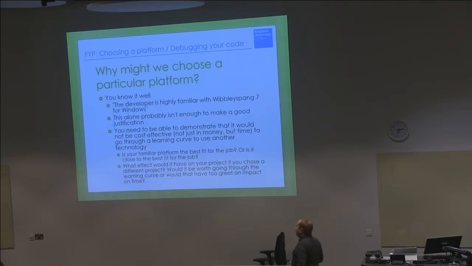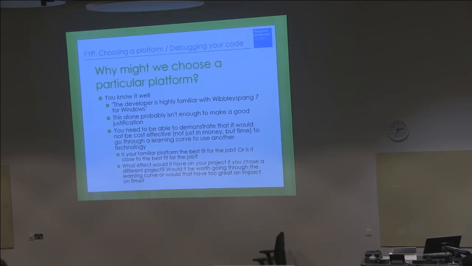I alluded to that on the previous slide about knowing a platform well. I said this early on. The developer is highly familiar with WibblySpang 7 for Windows. It's good at that. On its own, probably isn't enough. You also need to try and demonstrate that it's a defensible position if you got run over by a bus and someone with a different set of skills came along.